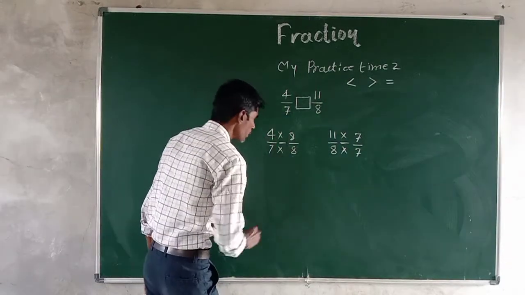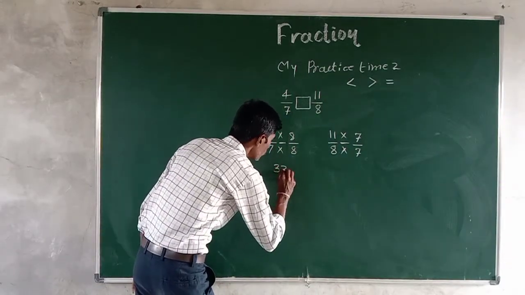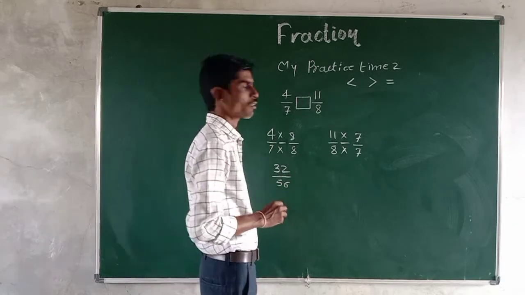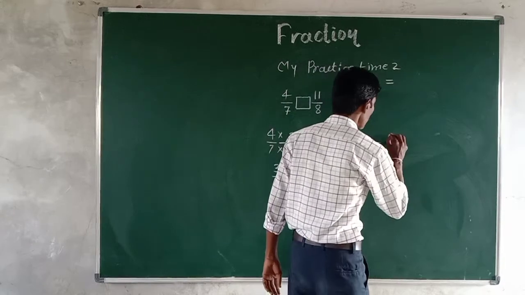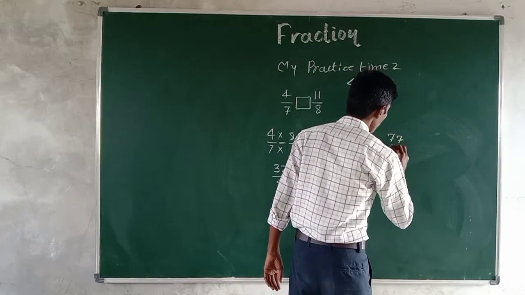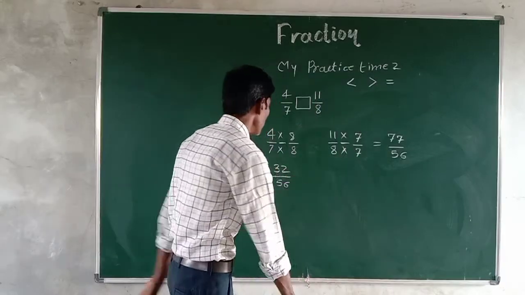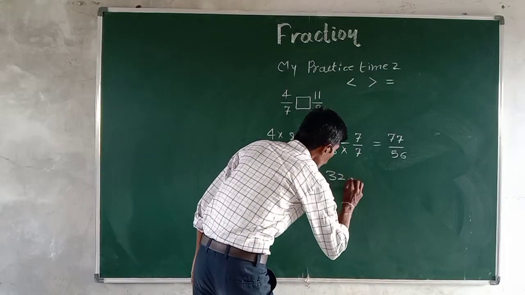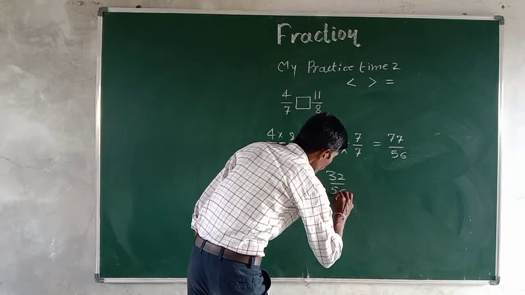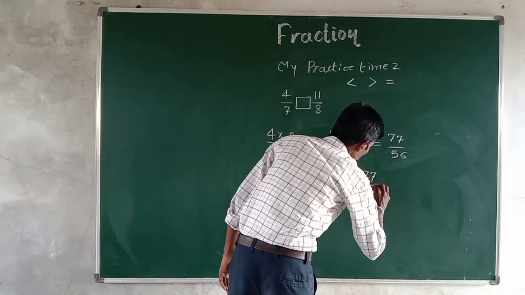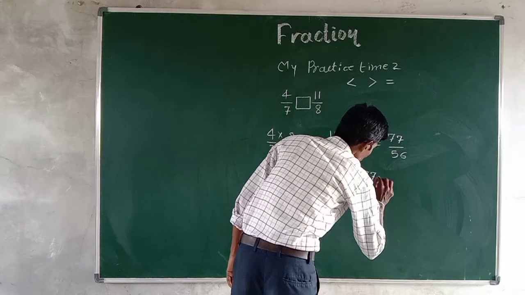So 4 into 8 is 32 upon 56, and this is 77 upon 56. Now we have 32 upon 56 and 77 upon 56.